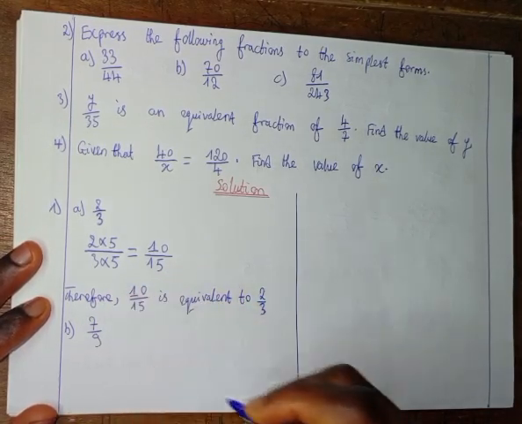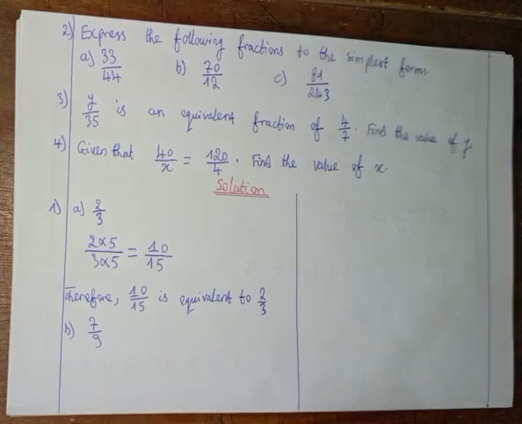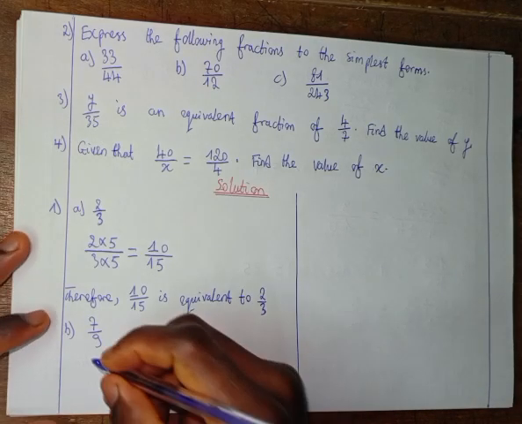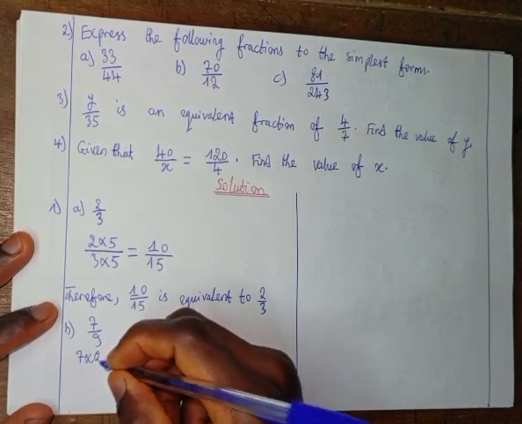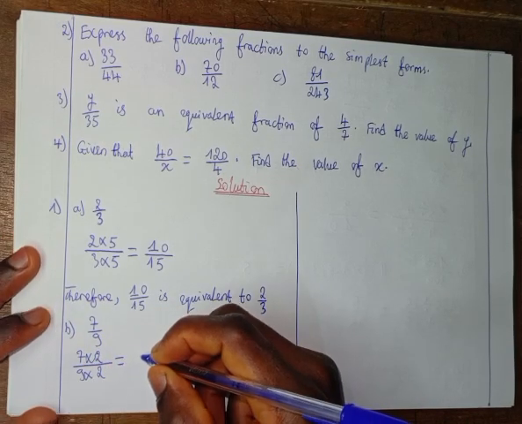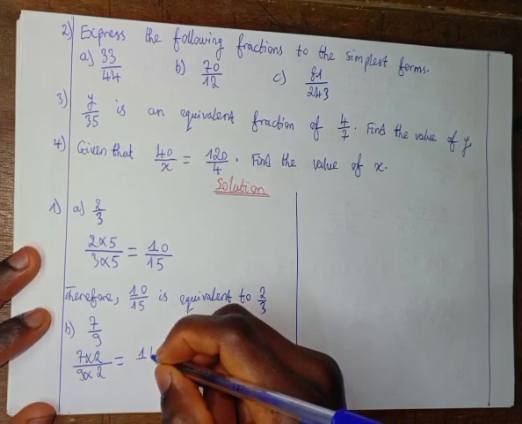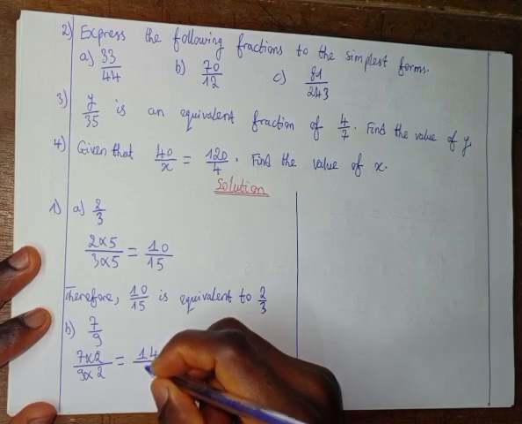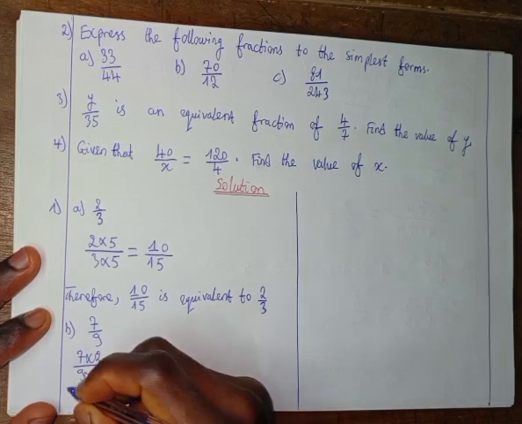In this case, we can multiply both the numerator and denominator by 2. 7 times 2 over 9 times 2. 7 times 2 gives 14, 9 times 2 gives 18.